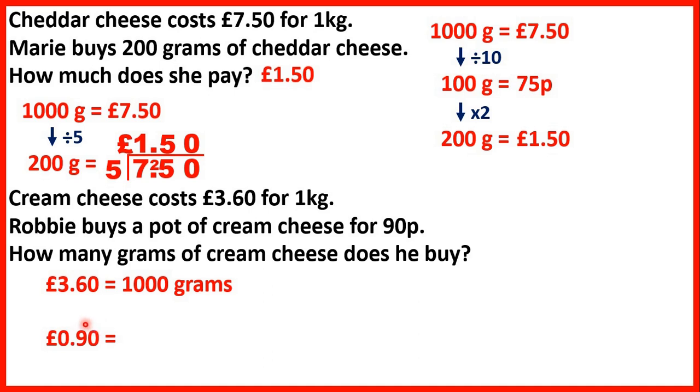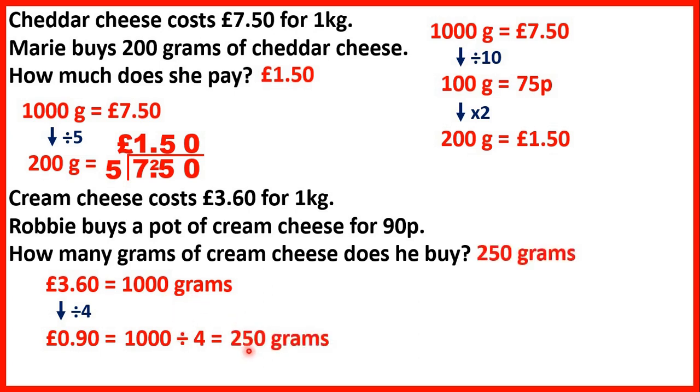So how do we get to 90 pence from £3.60? Well, £3.60 divided by 4 is 90 pence, because 36 divided by 4 is 9. So if we work out 1000 divided by 4, that gives us 250. So Robbie buys 250 grams of cream cheese.